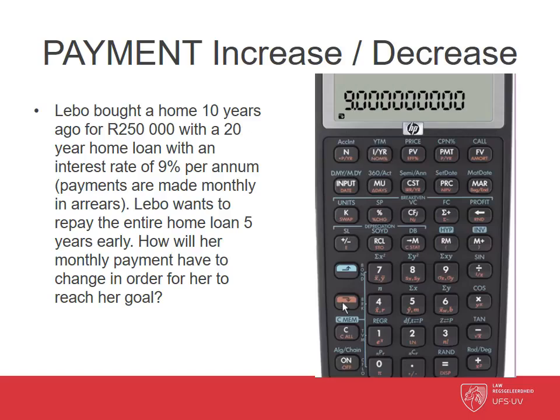And let's see how her payment will change. Her payment will increase from 2,249 Rand and 31 cents to 3,685 Rand and 95 cents. So if she increases it to that amount, then she will be able to pay her home loan off 5 years early.